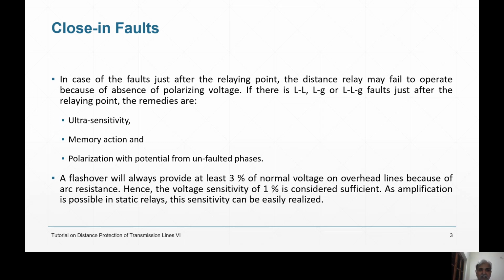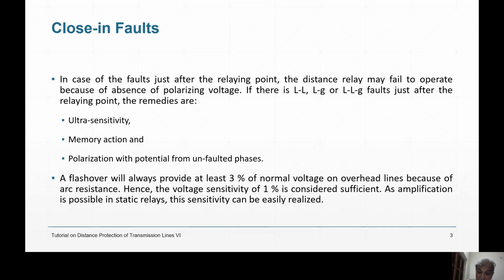So you memorize by some action, usually by charging the capacitor. Or otherwise you polarize the relay with an unfaulted phase. RY fault has occurred, so VRY is 0. Don't feed VRY, feed VBR or VYB. Feed some other voltage.